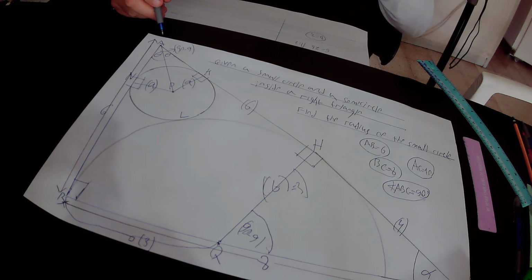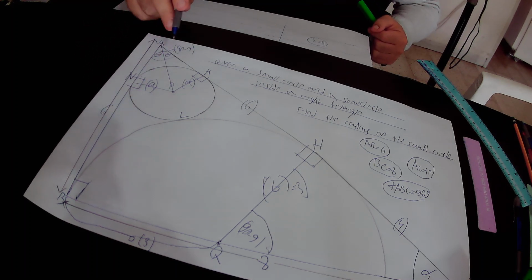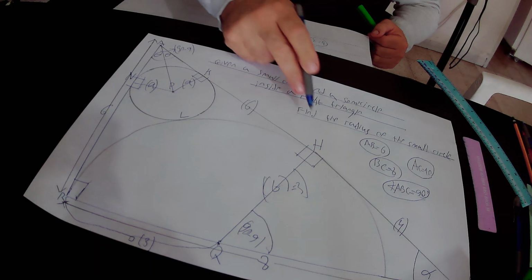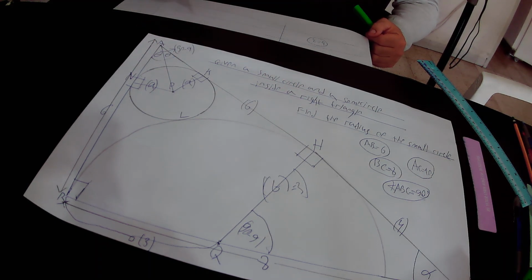Likewise, we continue to focus on this common example point A. From this common example point A, we have tangent AB and tangent AH to this big semicircle.